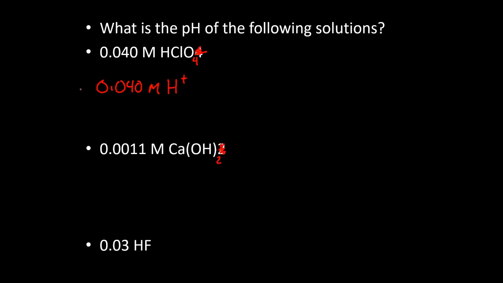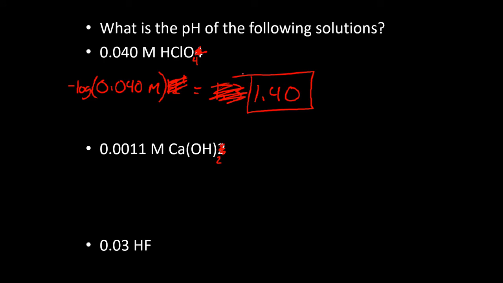And since the pH is just the negative log base 10 of that concentration, we can just plug that number into the negative log here, and we get, well, actually, let's see, I only get 2 sig figs there. So it would actually be 1.40 is the pH. And that pH makes sense. That is a very acidic pH, and we're looking at a strong acid, so it makes sense that it would be 1.4.